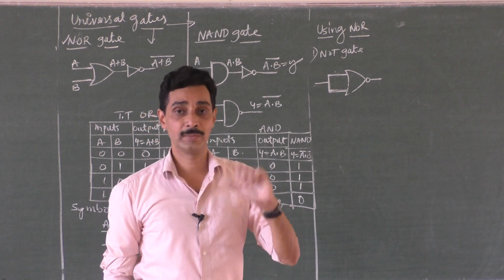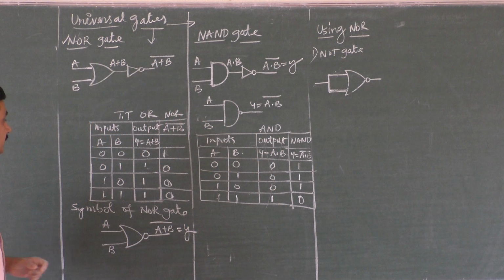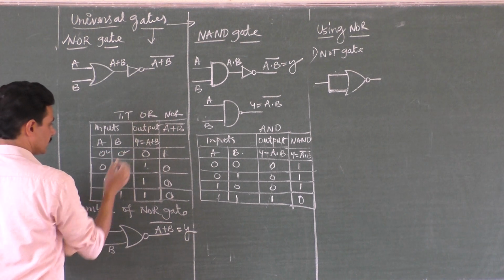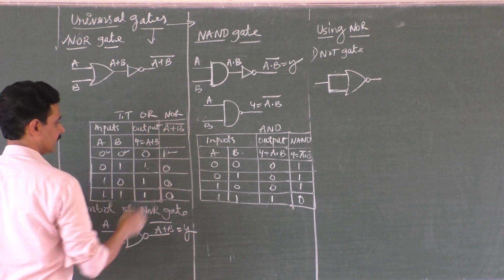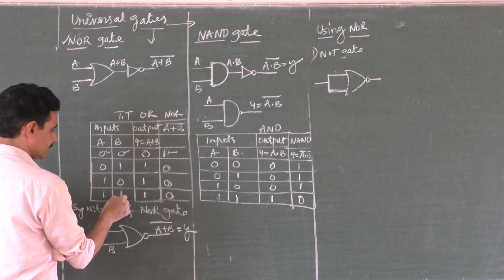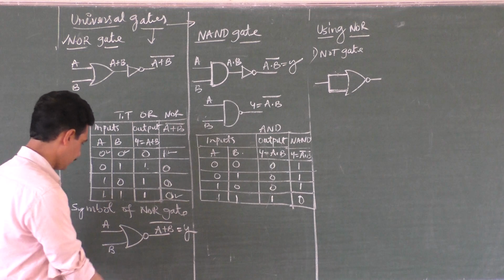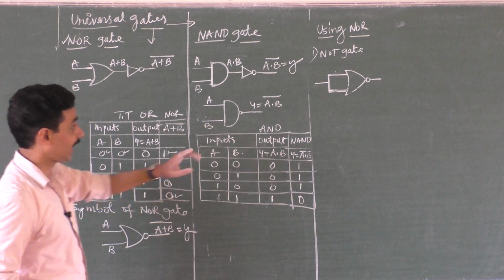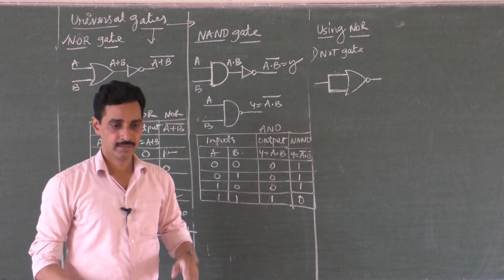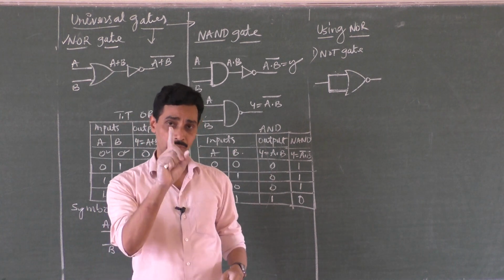Now go to the truth table of the NOR gate. When both are zeros, what is the output of the NOR gate? 1, correct? When both are 1s, the output is 0. Is it not a NOT gate? Did you follow? When you tie the two inputs of a NOR gate, you have only one input.